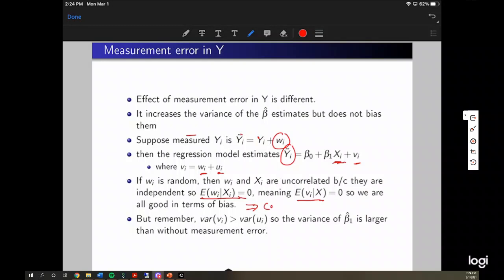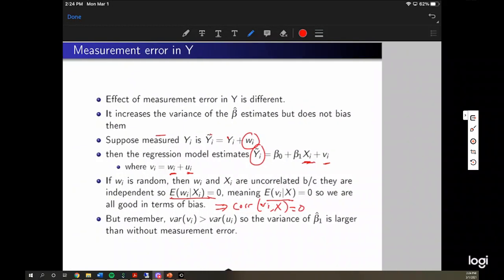Therefore, the correlation between our error term v and x equals 0, and so we have no bias. But remember, the variance of vi is greater than the variance of ui, so the variance of beta hat 1 is larger than without measurement error. And so we're going to fail to reject our null hypotheses more often in the presence of measurement error in y.